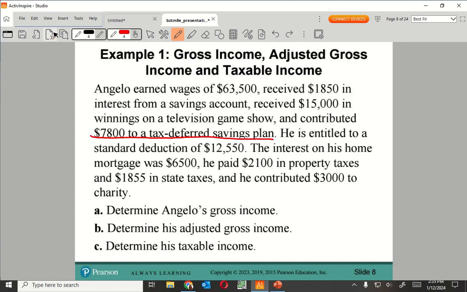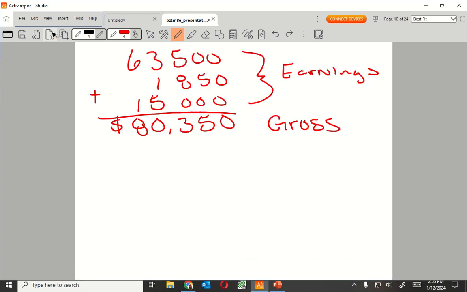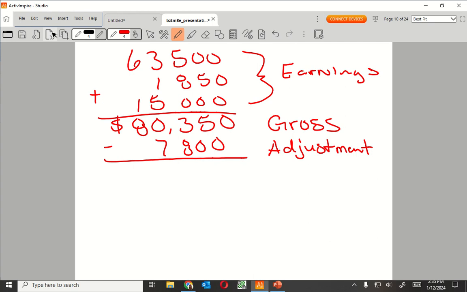So this word problem here has an adjustment of 7,800. So we have a $7,800 adjustment here. So because of that, I need to subtract, right? So I'm hoping we do some subtraction, some calculations.